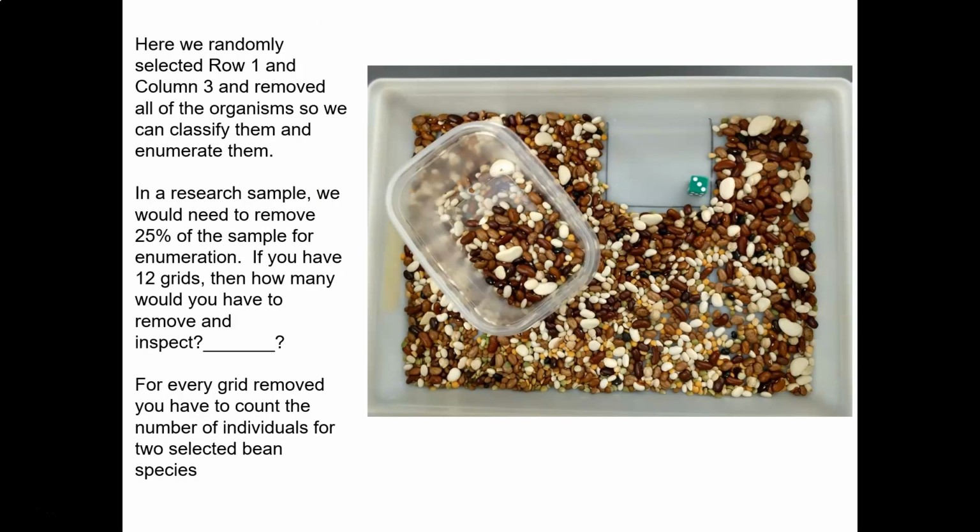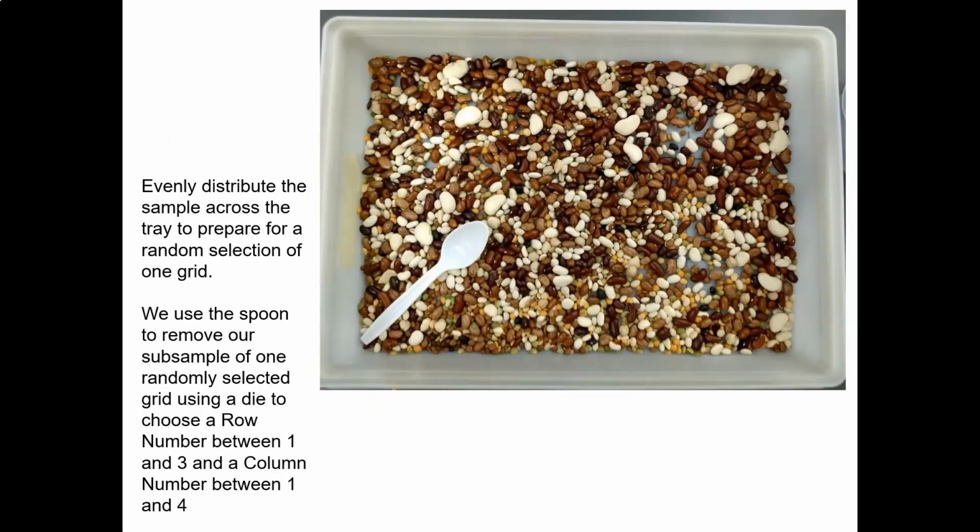Here, if I move over there, we roll the die. When you roll the die, you have to get a number between 1 to 3 to pick the row, and a number between 1 to 4 to get a column.